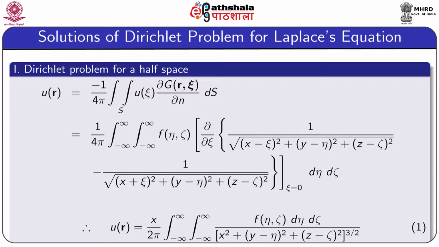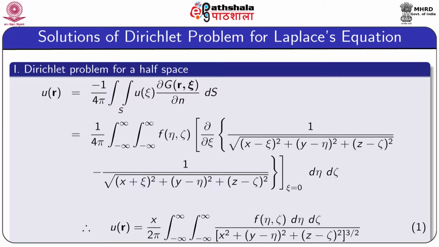Now, we have obtained the expression for capital G, and del n represents the normal derivative of G on the surface S, and the direction of the normal is outward to the surface S. So, for this case the surface is x equals 0. Therefore, del by del n is nothing but minus del by del xi.